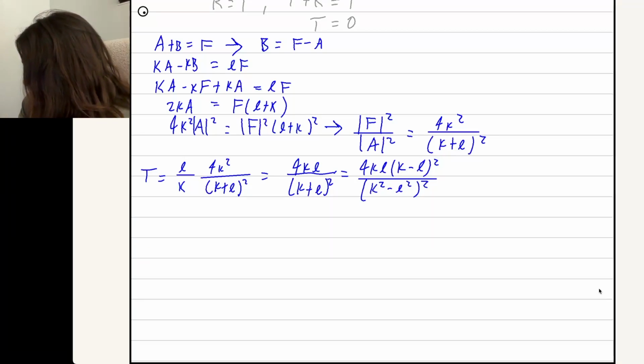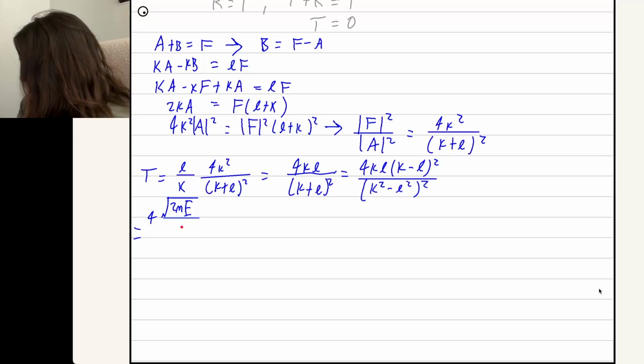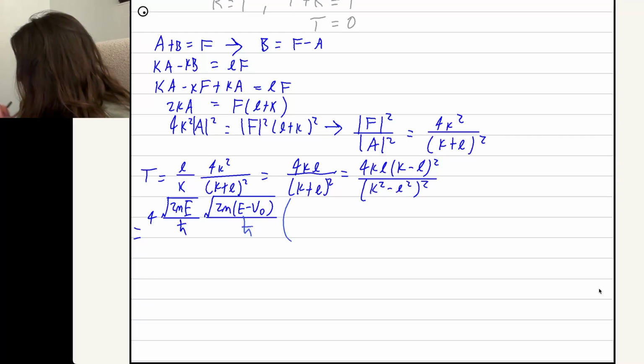So this is going to be another big old fraction. So we've got 4, and then K was root 2m E over h bar, and then we have L, which is root 2m times E minus V naught, all over h bar. And then in the square, we have same things.